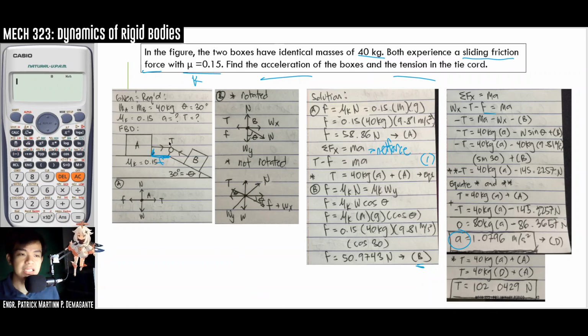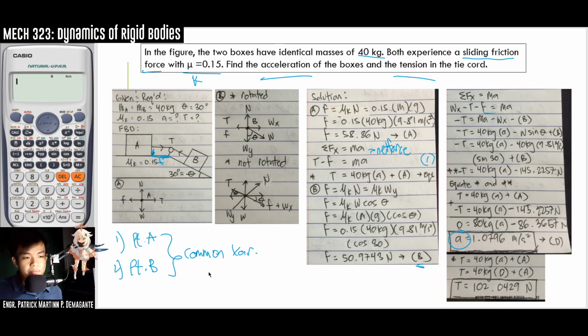So, basta yun, pag nakita kayo ng ganito, pag dalawang blocks, usually, i-focus muna kayo. No? Focus muna kayo kay point A. Then, yung step 2 kay point B. Tapos, i-relate. Makukuha ka nilang common variable. Then, kapag nakuha mo yung common variable niyan, substitute back mo lang sa mga nakuha mo equations. Okay?